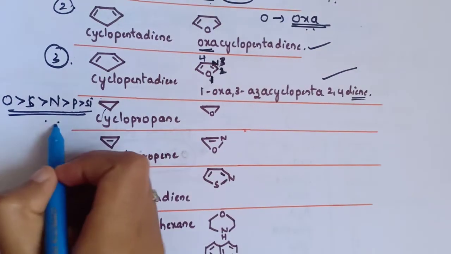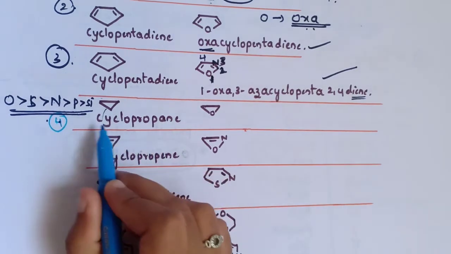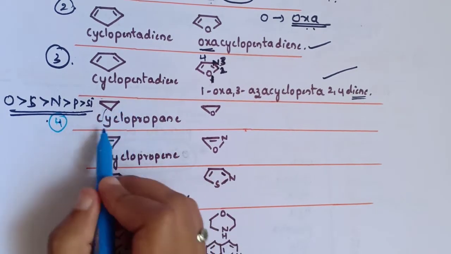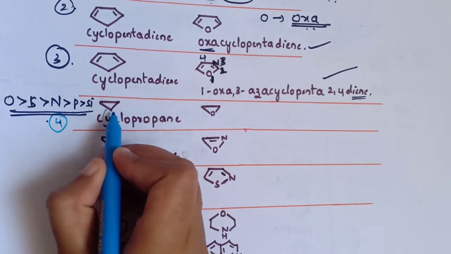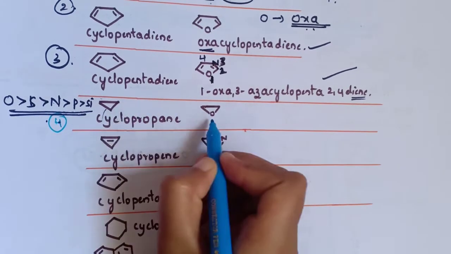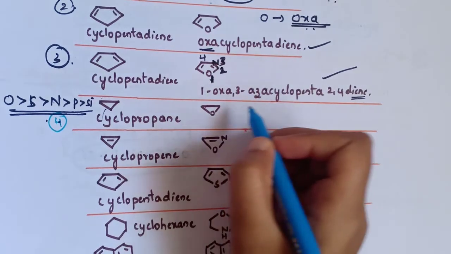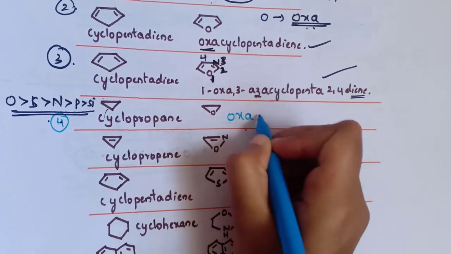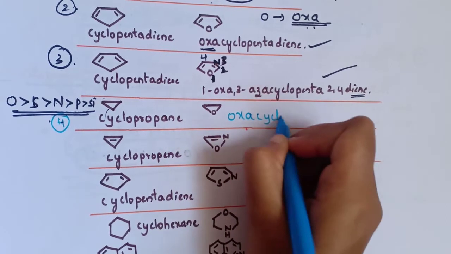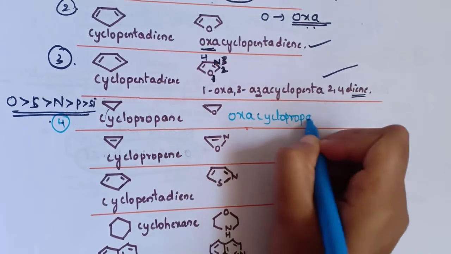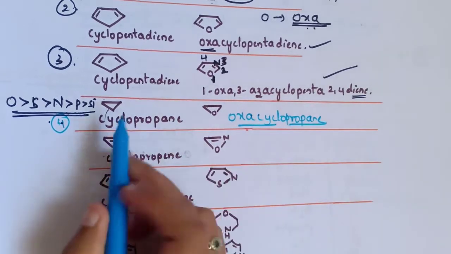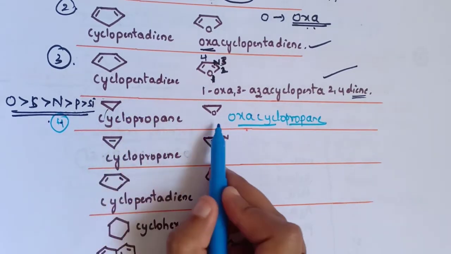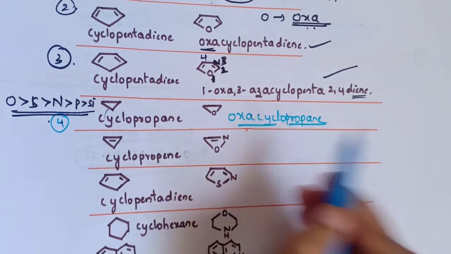Now the fourth example is cyclopropane. The carbocycle name is cyclopropane. When one of the carbons is replaced by oxygen, it is called oxacyclopropane.